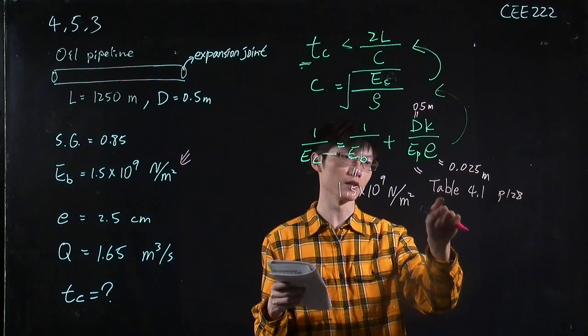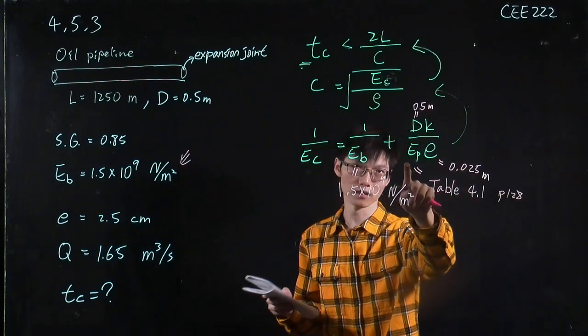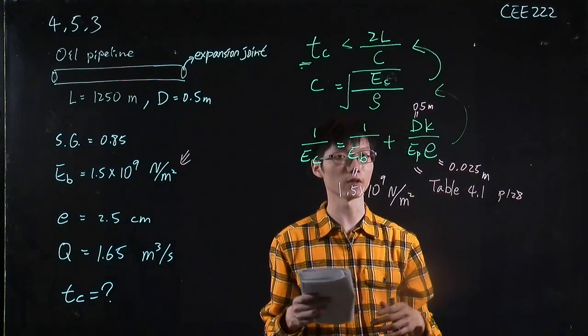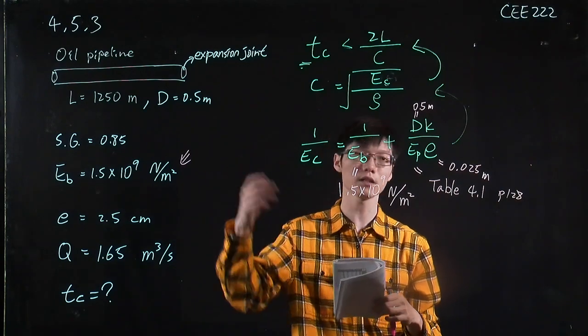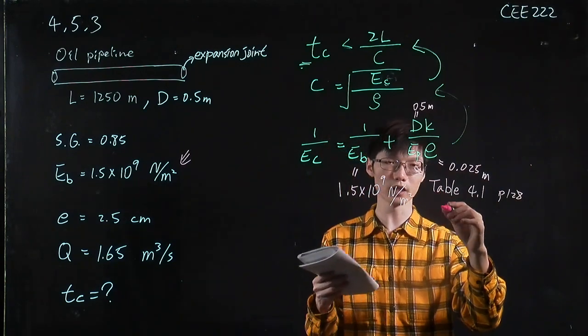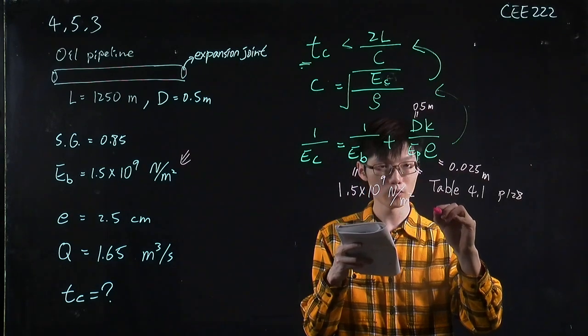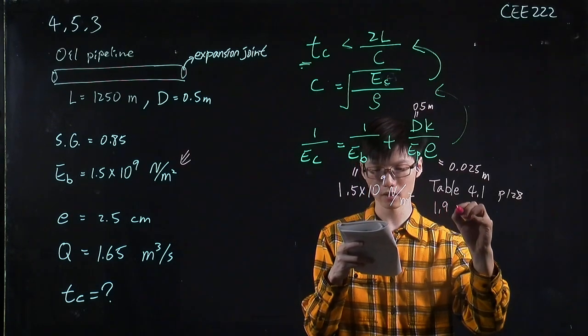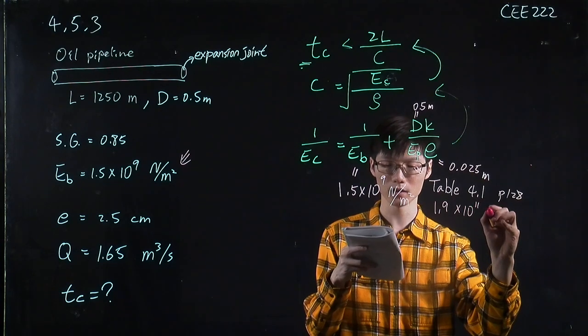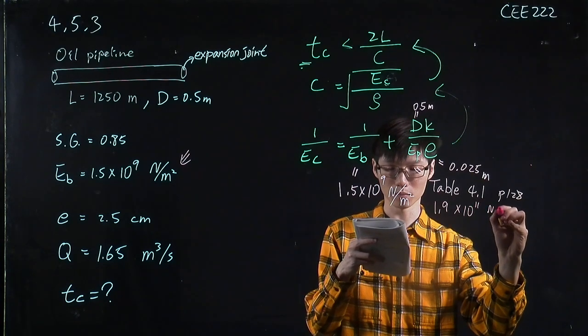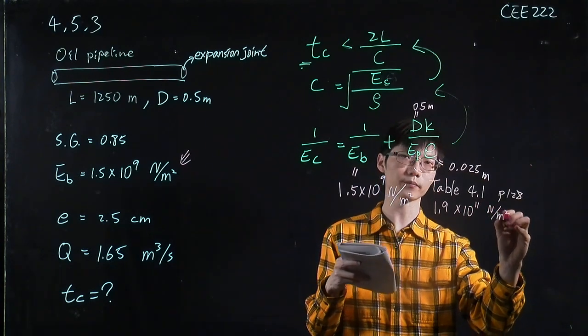In this table, they provide the EP value for the common materials of the pipeline. So you can just search from there, and you will get this EP equal to 1.9 times 10 to the power 11 Newton per square meter.